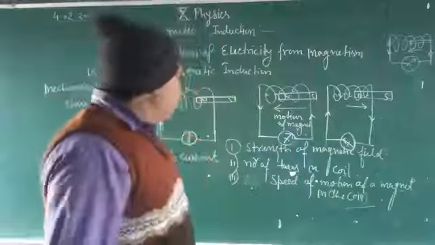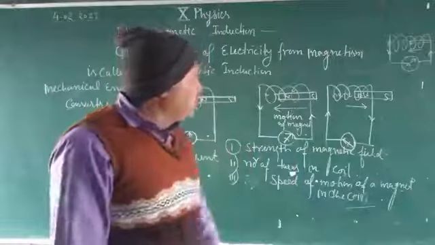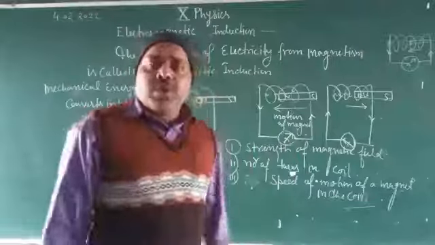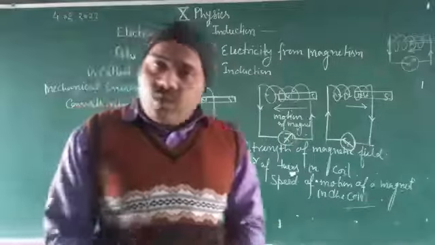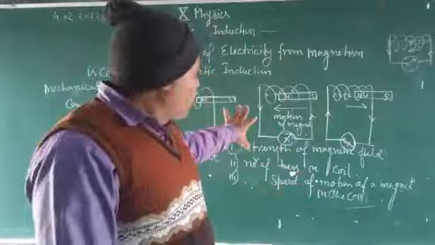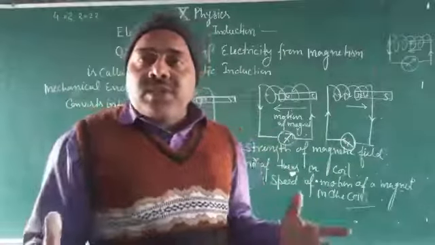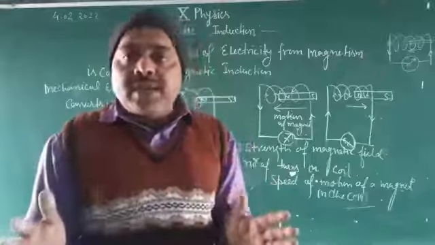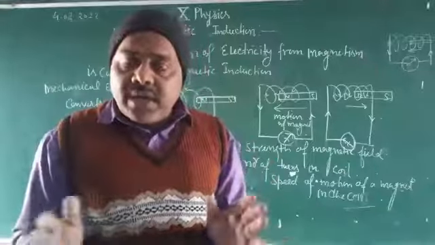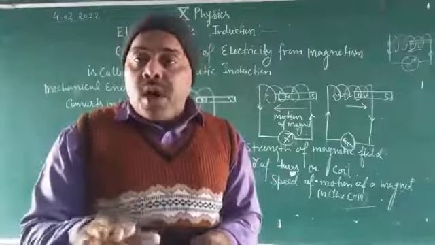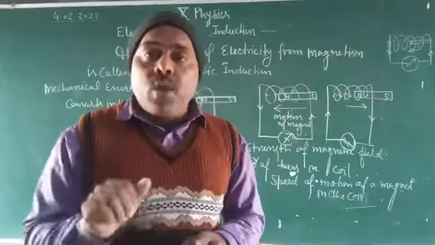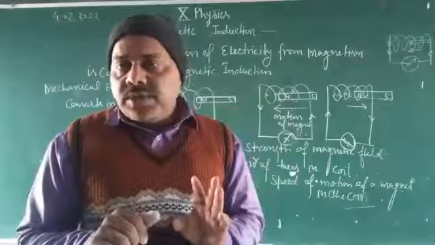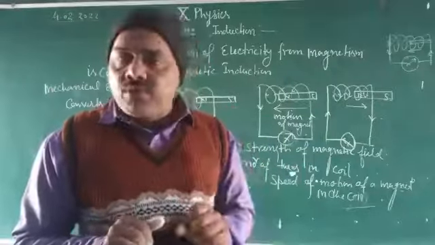We can say that by this experiment we can explain the induced current which is produced due to the change in the magnetic field lines of force when there is a strong field magnet, when the wire is placed between the two poles of a strong field magnet or horseshoe magnet, and it begins to move up and down. Then we can say that electric current is produced due to the change in magnetic field lines of force.